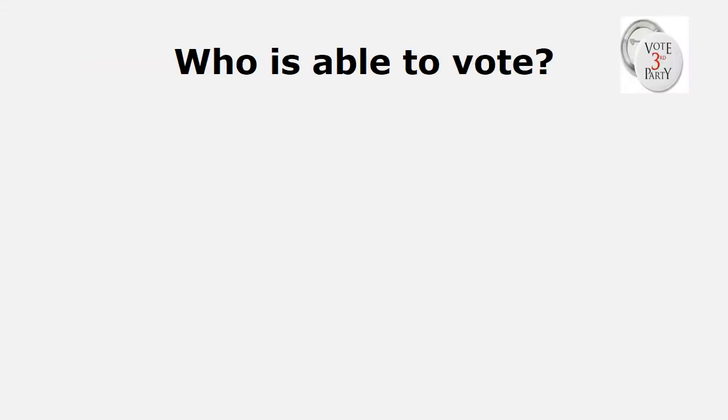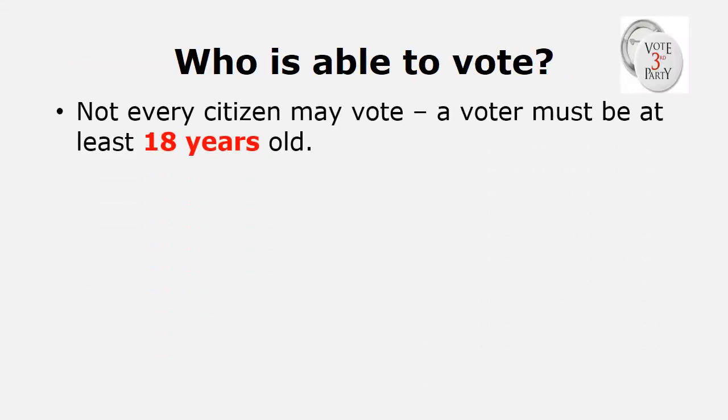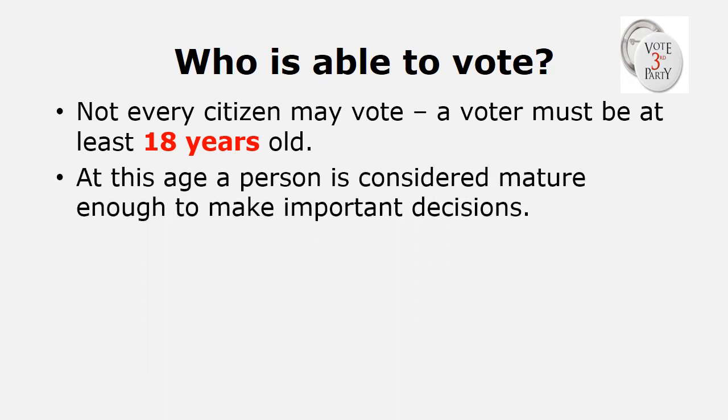Who is able to vote? Not every citizen may vote. A voter must be at least 18 years of age. At this age, a person is considered mature enough to make important decisions.